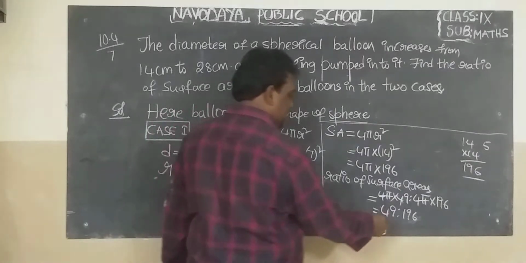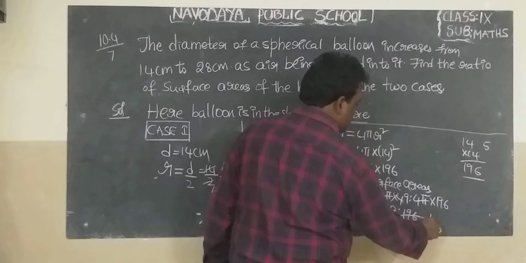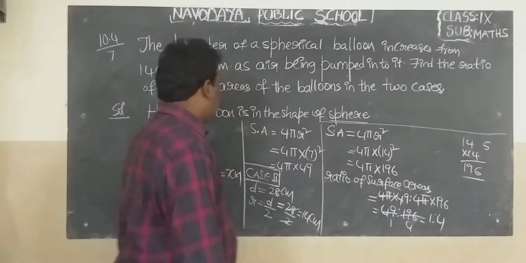Do cancellation, 49 table, 1 time, 4 times. 1 is to 4.